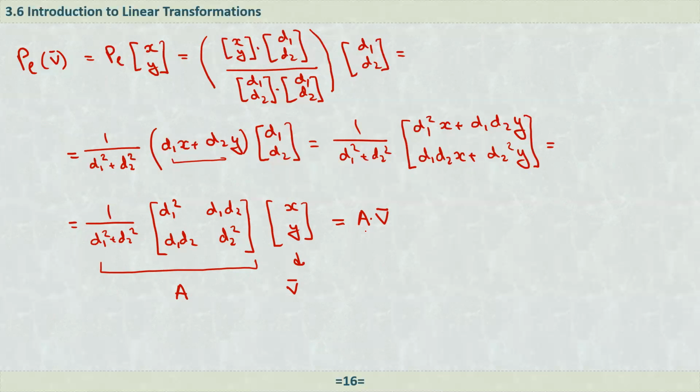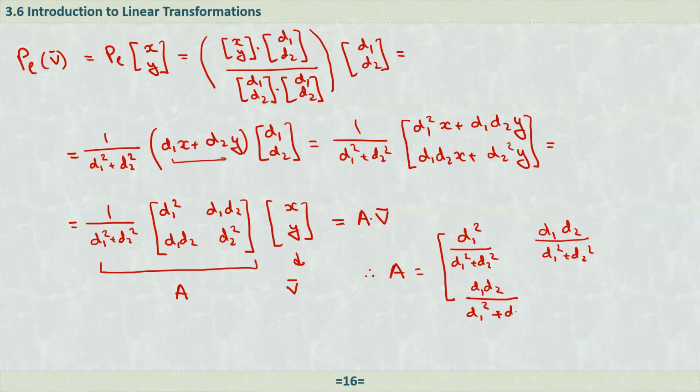We have already proved that it's a linear transformation, and its standard matrix is this: d1 squared over d1 squared plus d2 squared, d1 d2 over d1 squared plus d2 squared, d1 d2 over d1 squared plus d2 squared, and d2 squared over d1 squared plus d2 squared.